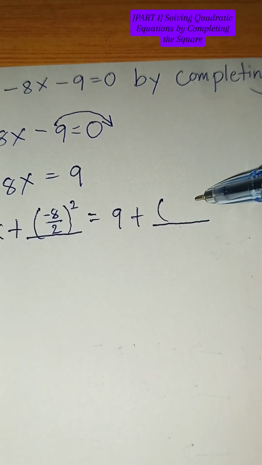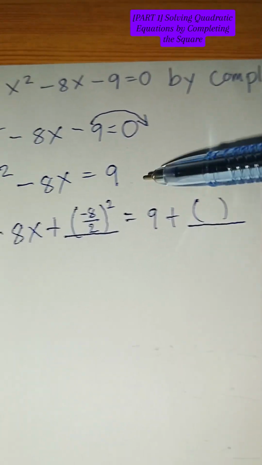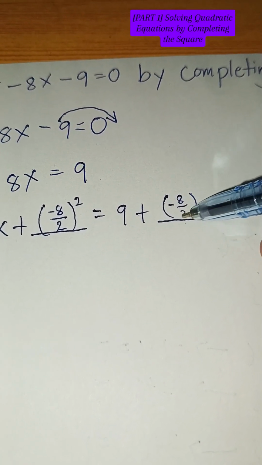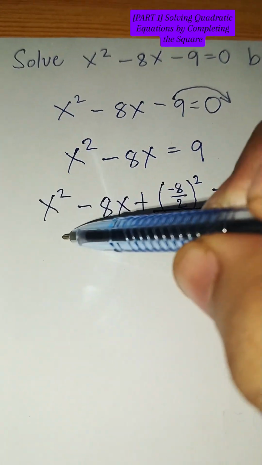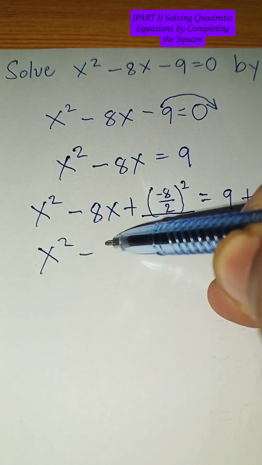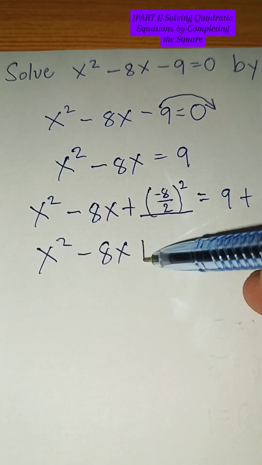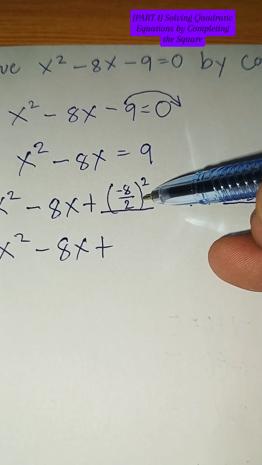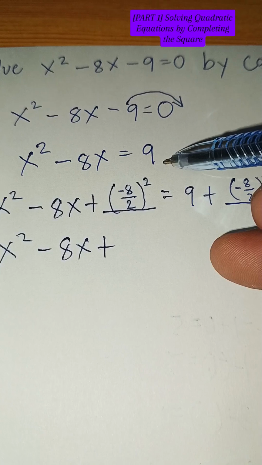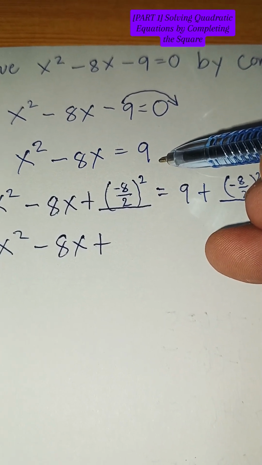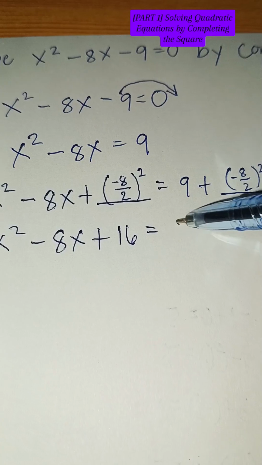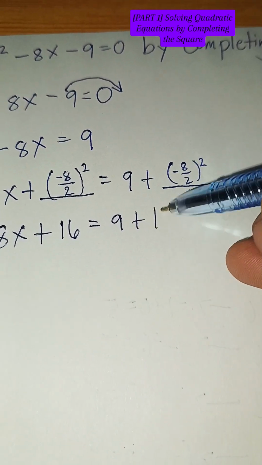At the same time, whatever we add on the left, we add on the right. So that is negative 8 over 2 squared. Then x squared minus 8x, then plus, so negative 8 over 2 is negative 4. Negative 4 squared is negative 4 times negative 4, which is 16, positive. So equals 9 plus 16.